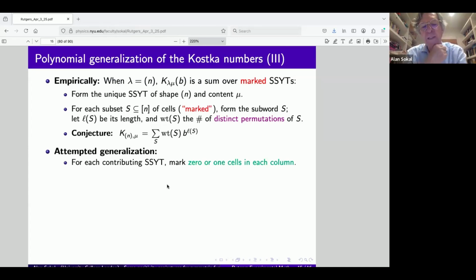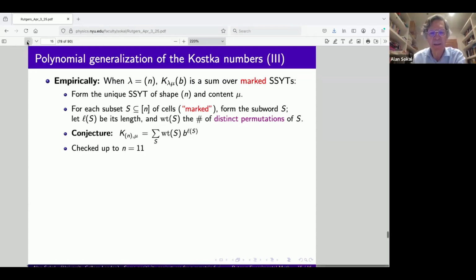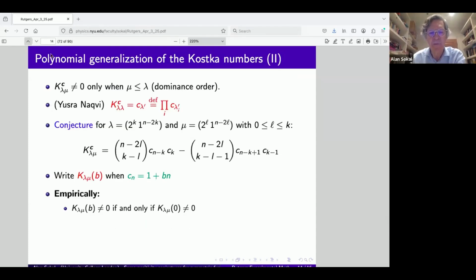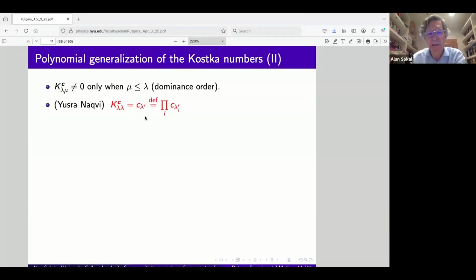So again, you look at semi-standard Young tableaux of shape lambda and content mu, but now there's not a unique one. There may be many. For each contributing one, I say mark 0 or 1 cells in each column. Now, why did I say 0 or 1 cell? It's because of this fact about the diagonal elements.